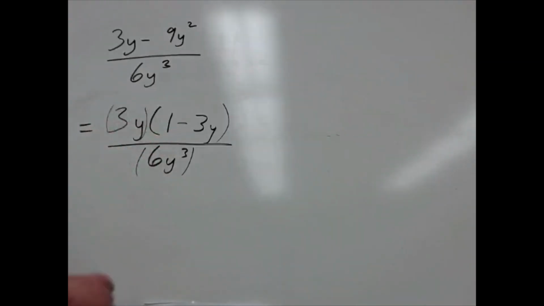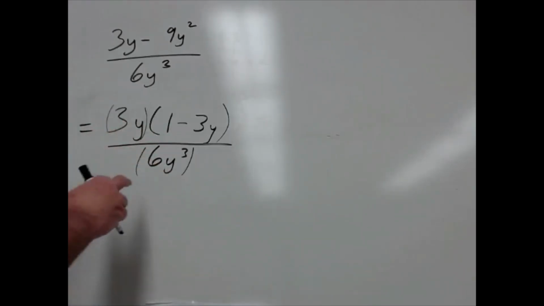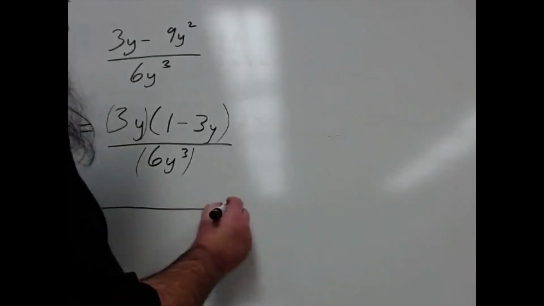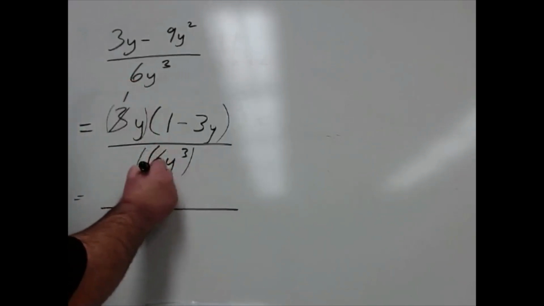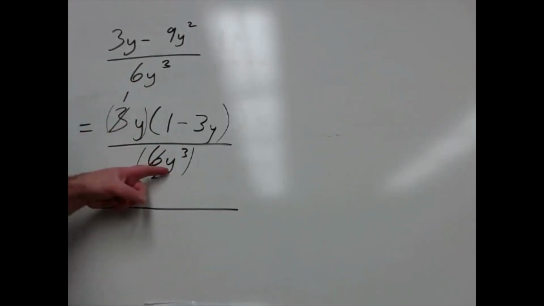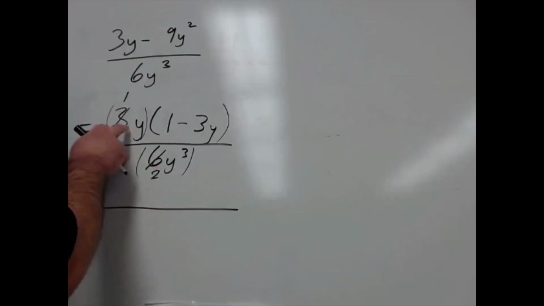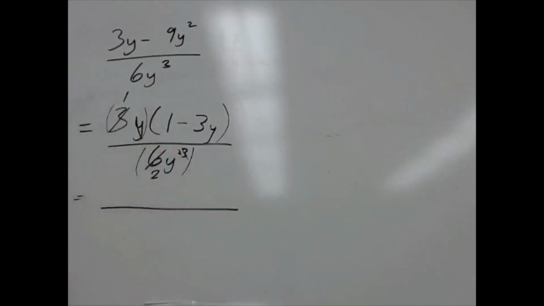I can, however, reduce with these terms here, because 3 and 6 have a common factor of 3. So when I divide them both by 3, this is going to give me 1, and this is going to give me 2. I've got y and y cubed, so similar to the last example, 1 y on top and 3 y's on bottom. So this y cancels with one of these, making that y squared.